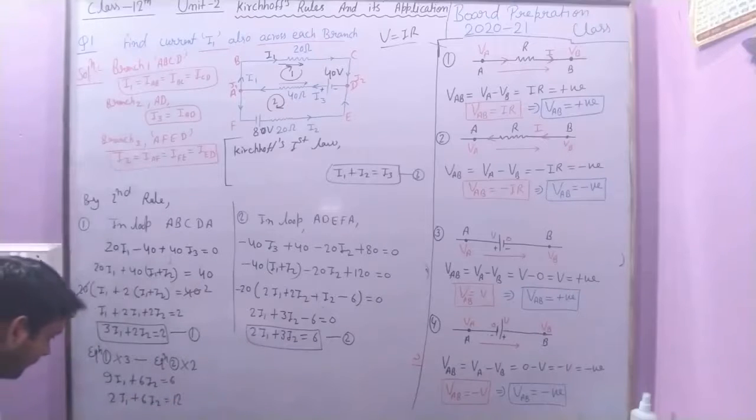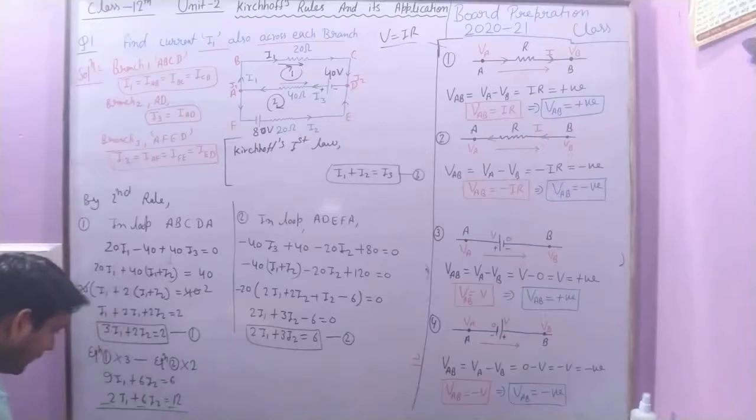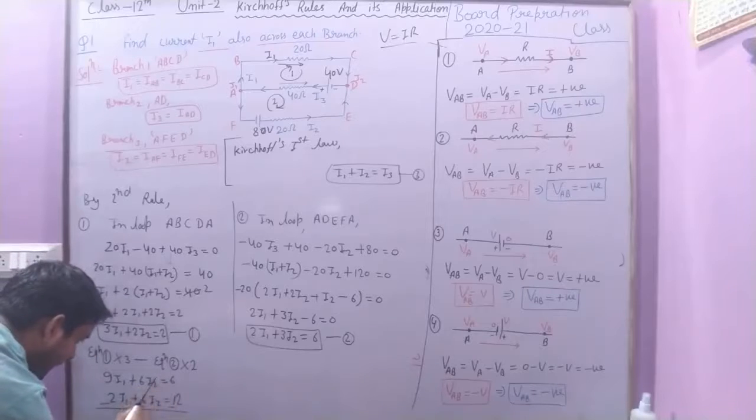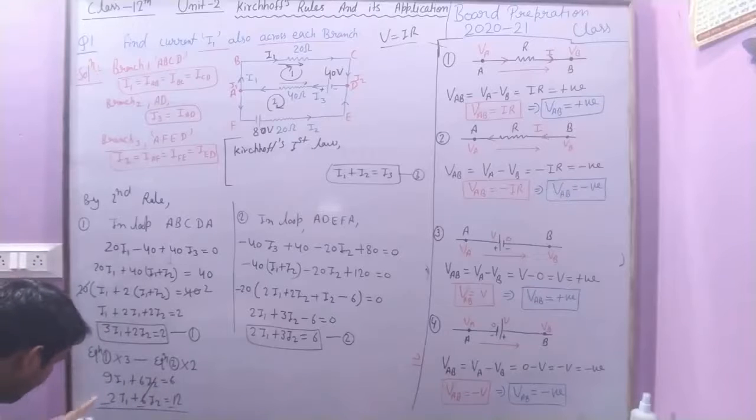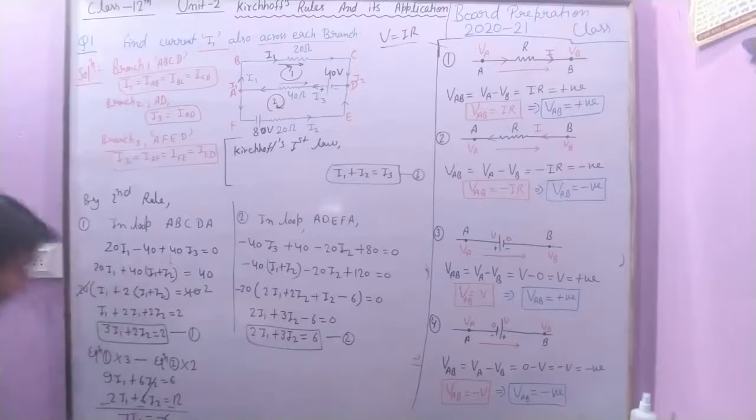So subtracting, you will get this result: 5I1 equal to minus 6.